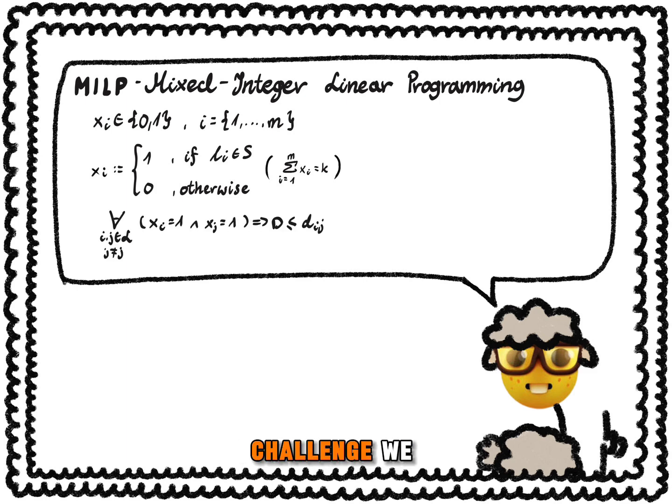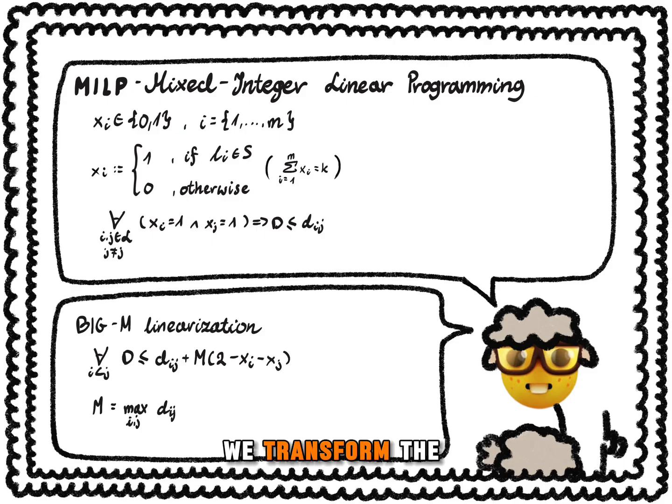Now, here's the challenge. We want to say if location i and location j are both selected, then the global minimum distance D must be at most the distance between them. But standard solvers cannot understand if-then statements directly. So we use the big M linearization technique shown here. We transform the logic from before into this inequality.